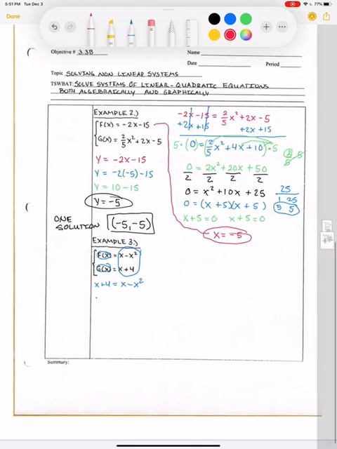To solve, I'm going to subtract x from both sides and subtract 4. So I have 0 equals, x minus x is going to cancel out. So I'm left with negative x squared minus 4.